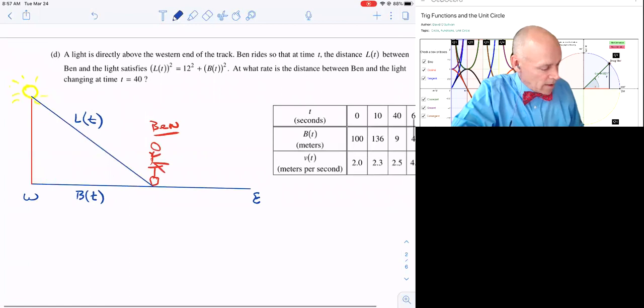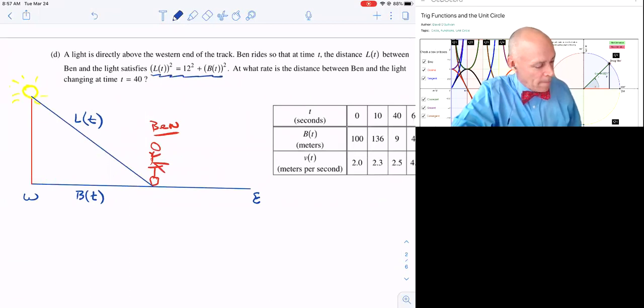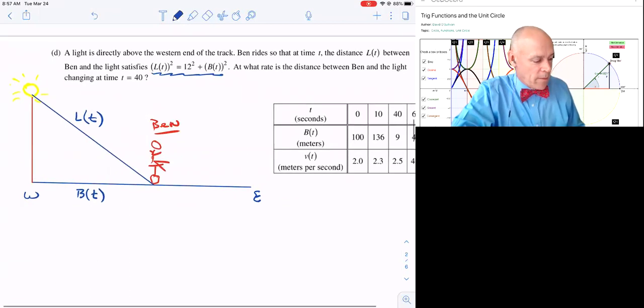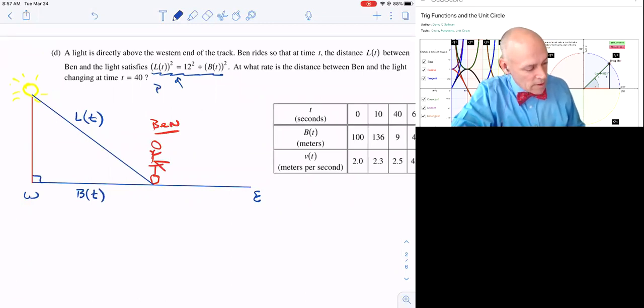Okay, and they're telling us that this is really the Pythagorean theorem, right? So I've got this right triangle here.